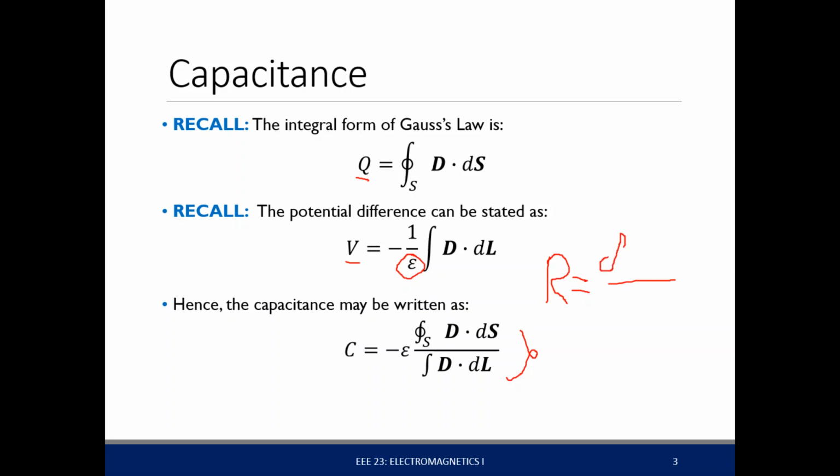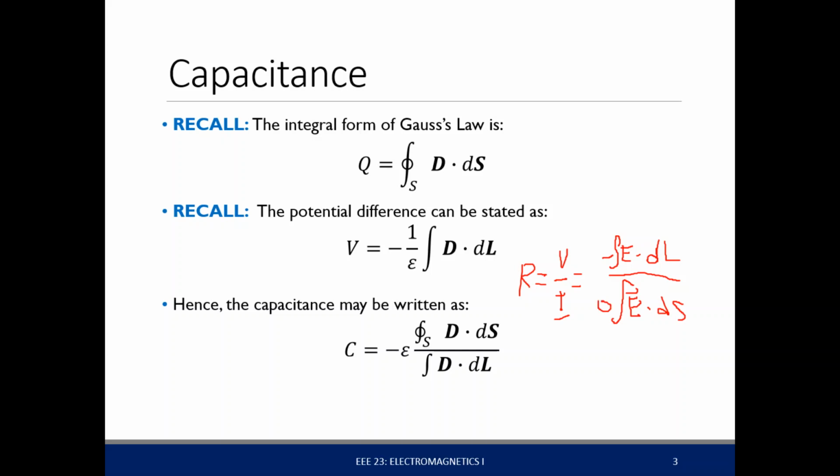So the resistance, if you remember, is equal to V over I, and this is actually equal to the integral of E dot dl, divided by the current, which is the integral of J dot dS, or sorry, E dot dS. It's related to the integral of E dot dS, but you have a sigma factor at the denominator.